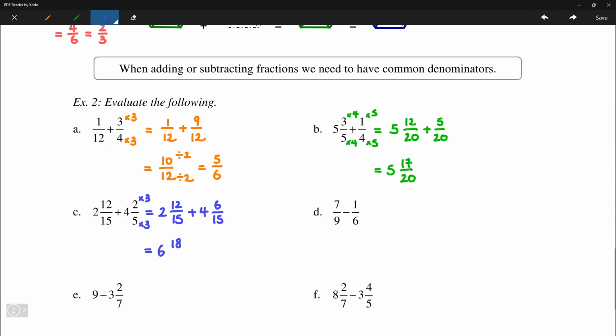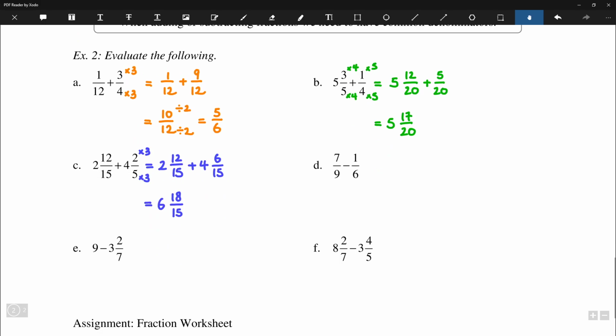Now, notice that the 18 over 15 is an improper fraction, so we need to rewrite that as a proper fraction since it is a part of a mixed number. But before we do that, we can also simplify the fraction first. So notice that both 18 and 15 are divisible by 3. So we can simplify the fraction first, and this will give us 6 and then 6 over 5.